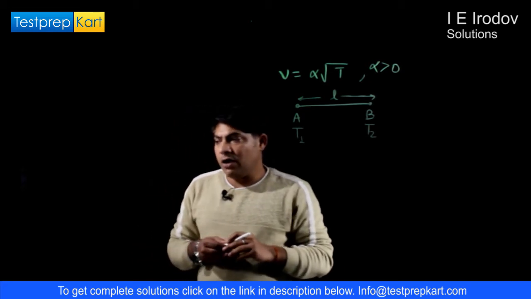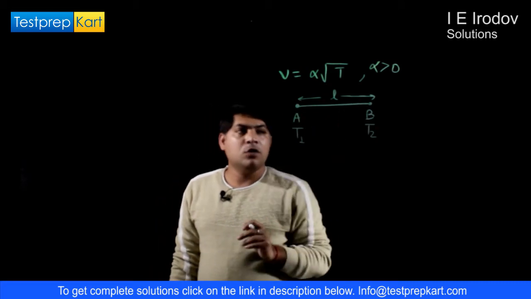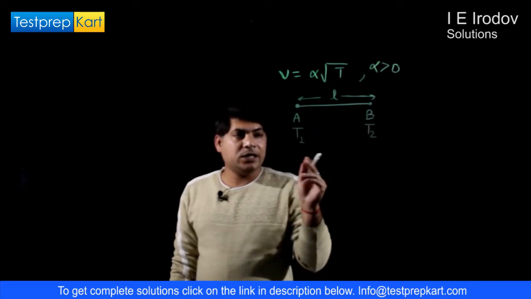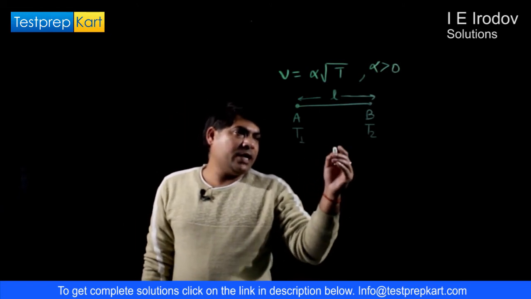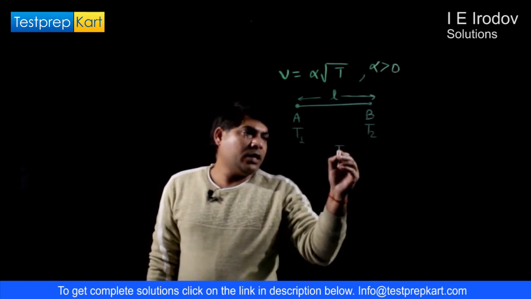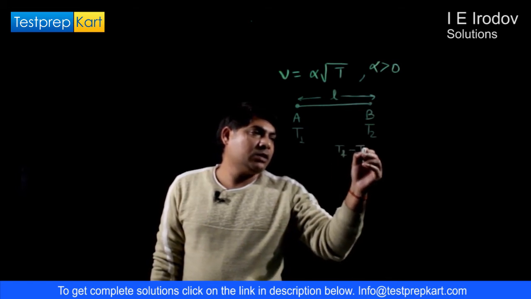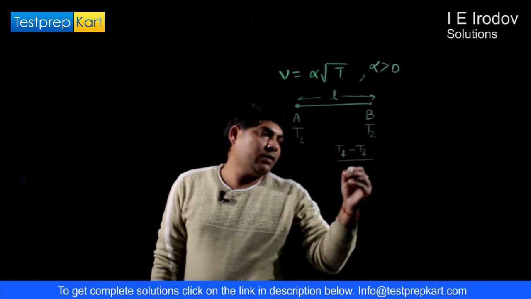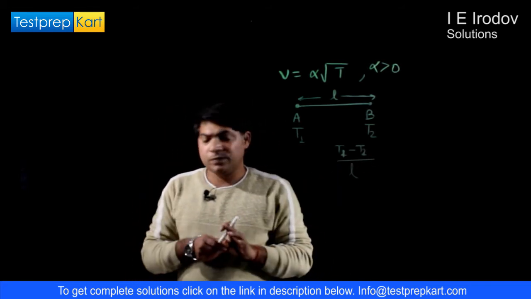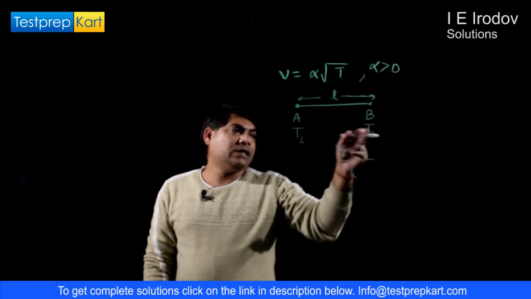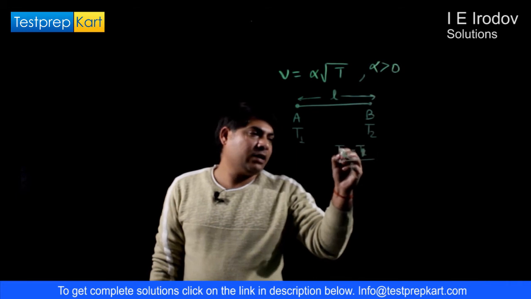So how long will it take a wave to move from point A to point B, and the temperature is changing linearly? It means the temperature gradient would be T2 minus T1 divided by L. This is our temperature gradient, considering T2 as higher.